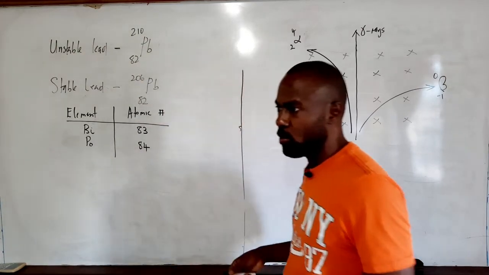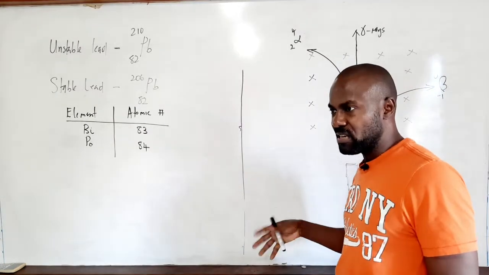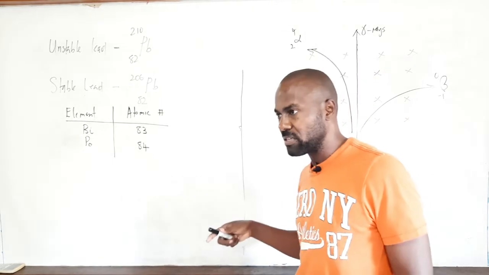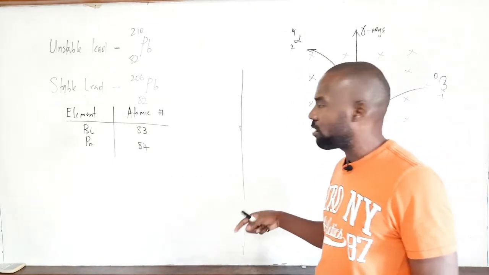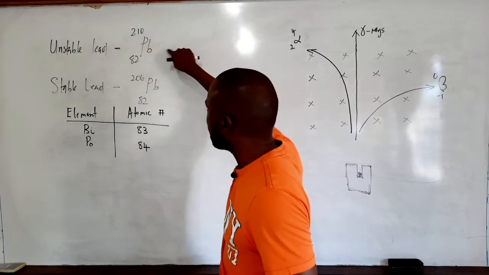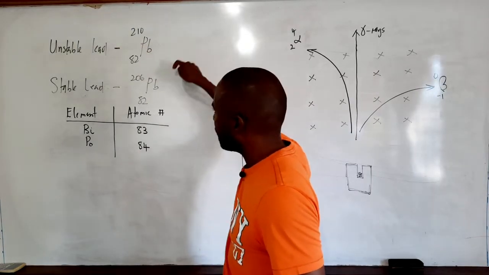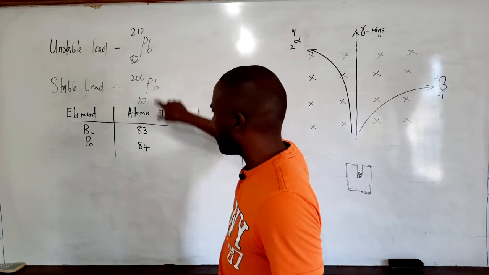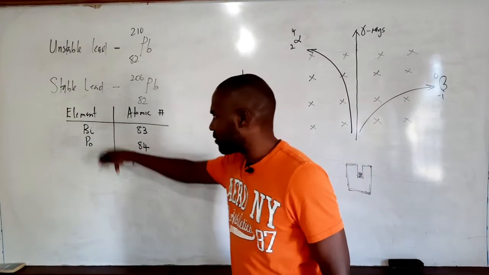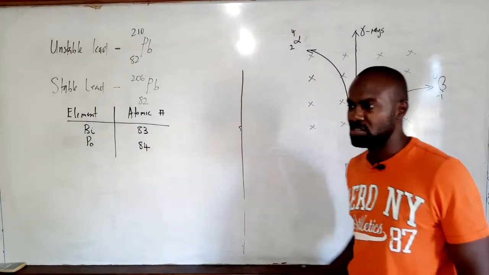And we're told that unstable lead can undergo exactly 3 distinct decays of an alpha particle or beta particle to become stable lead. So eventually, unstable lead will undergo a few radioactive decay processes and eventually become stable lead. And clearly these elements will be involved in that transition process.